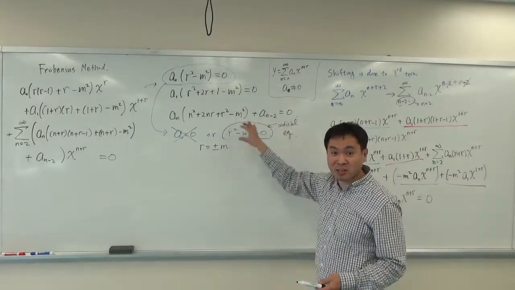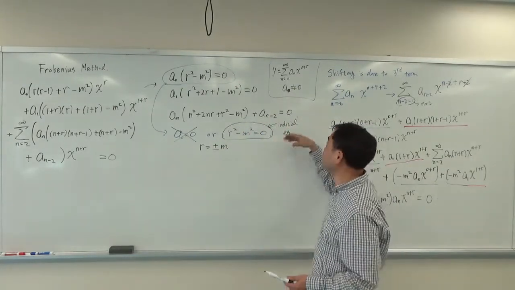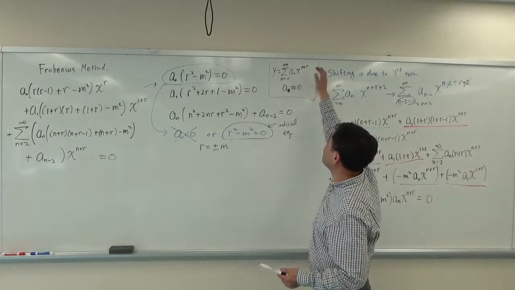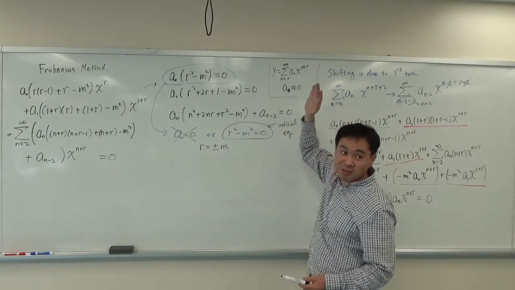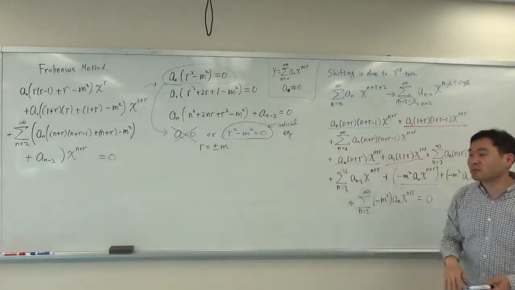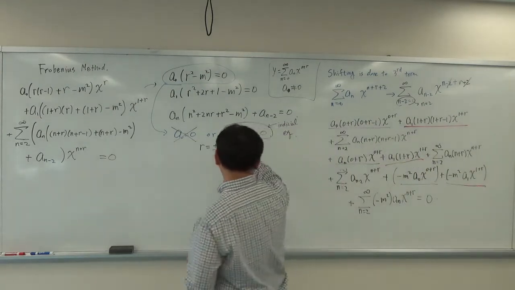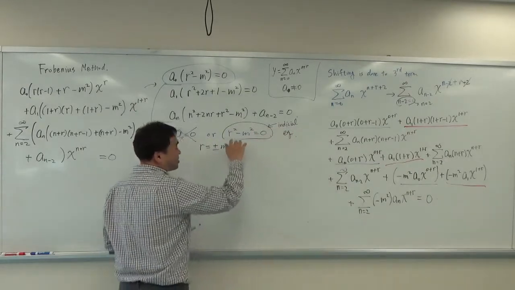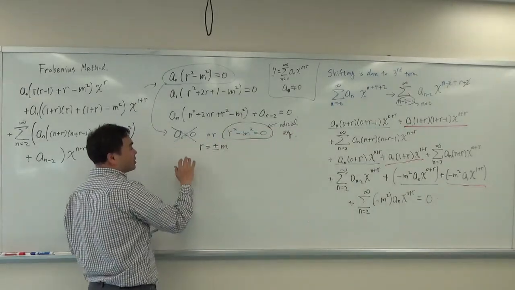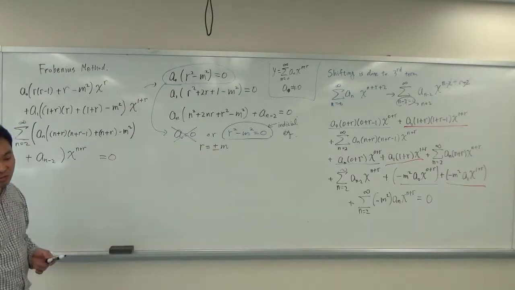There's a formula for writing it. You write it right away, solve that, and then start with the known value of r. That makes it slightly easier. But here, we're not going to be doing this for many cases. We're just going to be working with the Bessel function, so I'm not too interested in explaining what the formula is. Okay, so anyways, we got r equals plus or minus n.